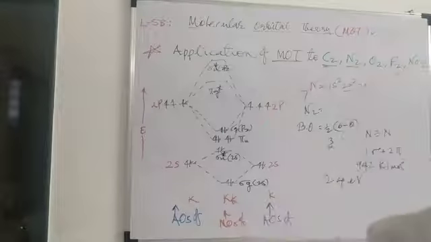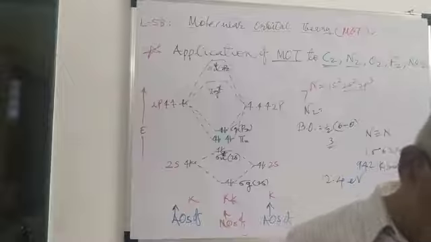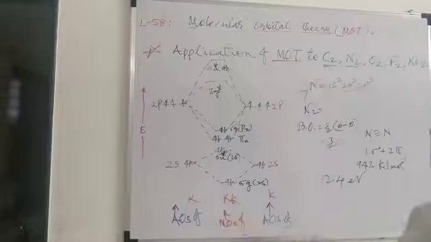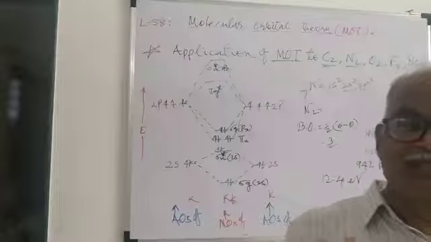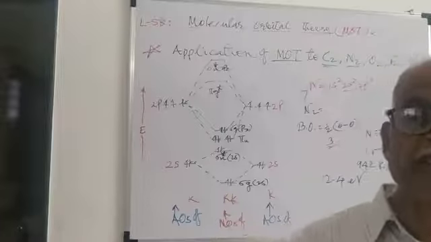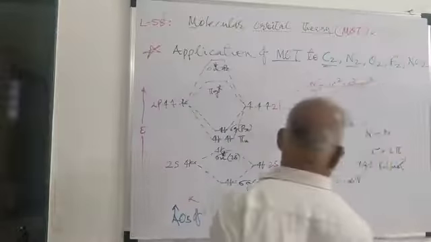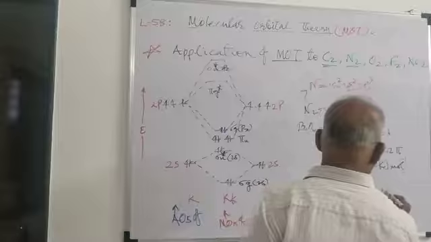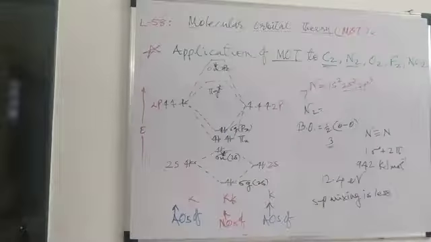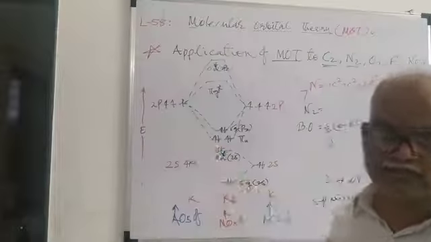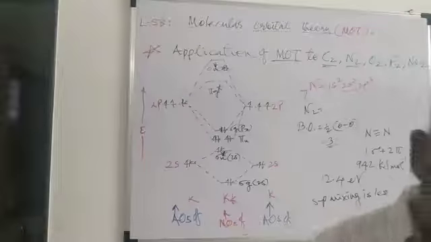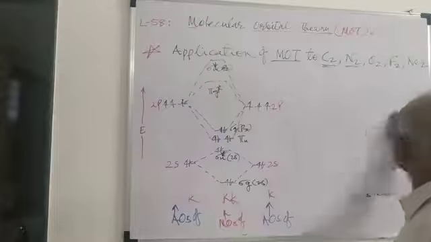This energy difference also shows that compared to B2 and C2, N2 shows less s and p mixing. Therefore, it shows much less s character and p character, so p characters are separately observed here. So this is about the N2 molecule. Now we will see the next molecule, that is O2.